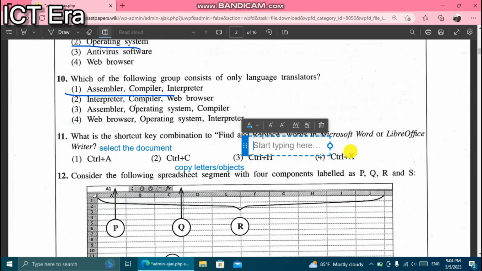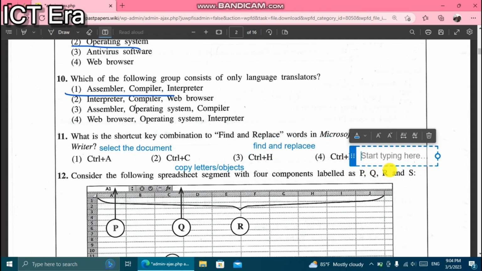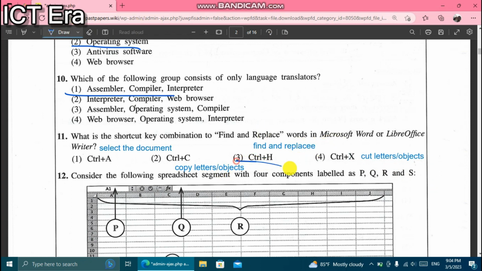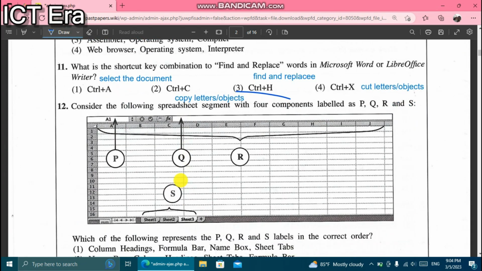Then Control plus H is the answer, so it means find and replace words. And the last one, Control X, is cut letters or objects. So the answer is the third one, Control plus H.